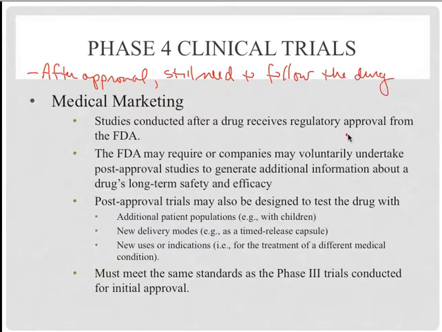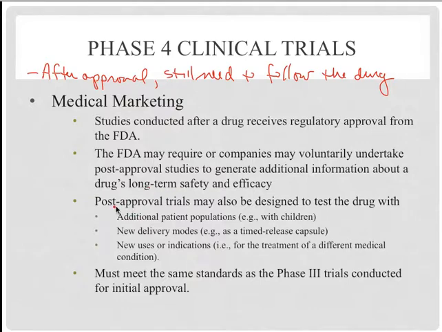And this is to make sure that it still continues to do what it was designed to do. So in that phase 4, there's medical marketing. Studies conducted after the drug receives the regulatory approval. The FDA may require, or companies may voluntarily undertake, post-approval studies to generate additional information about the drug.